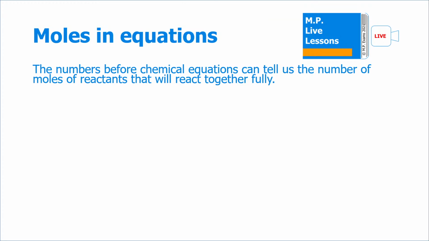For example, we get this equation here. So we have two atoms of magnesium that react together with one molecule of oxygen, and that forms two molecules of magnesium oxide. So if we do a little count on each side, we have 2 magnesium on the left. We also have 2 magnesium on the right, because this 2 counts to this whole thing.